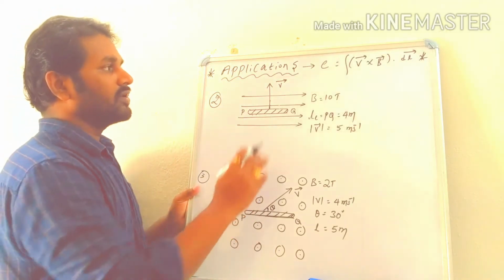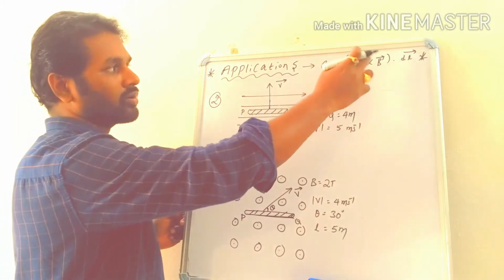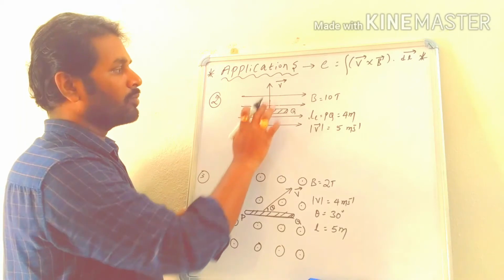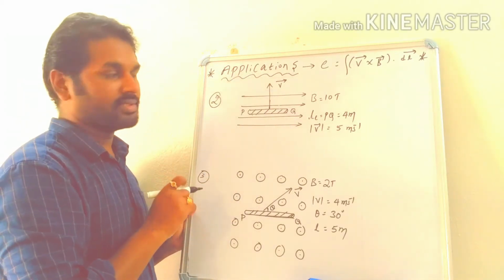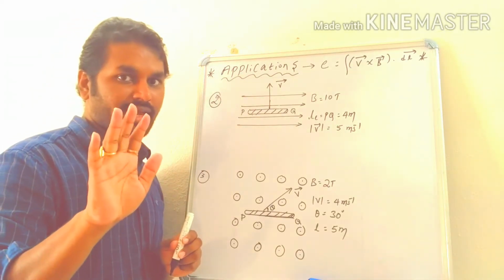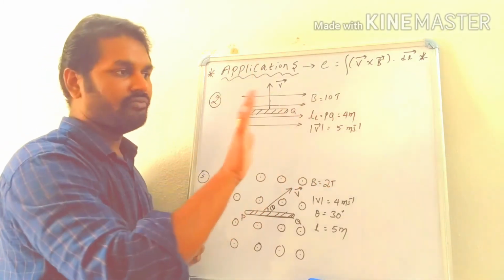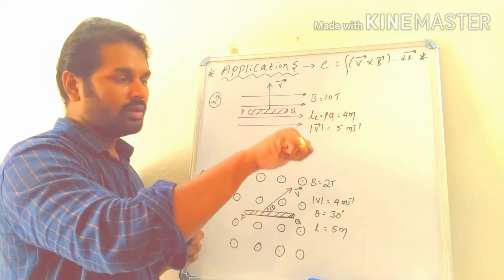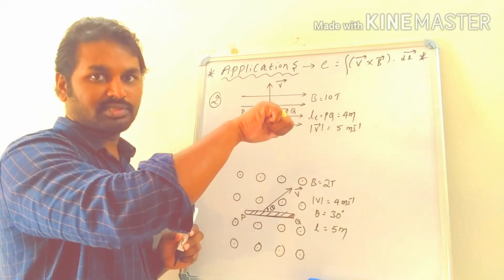So if I take this formula, E is equal to integral of V bar cross B bar dot dl bar. V is along positive y-axis, B is along positive x-axis. If you take V cross B, we need to find the direction of V cross B. So this is V and here is B. V cross B. We need to move from V to B like this. The thumb is pointing into the board, which means along negative z-axis.